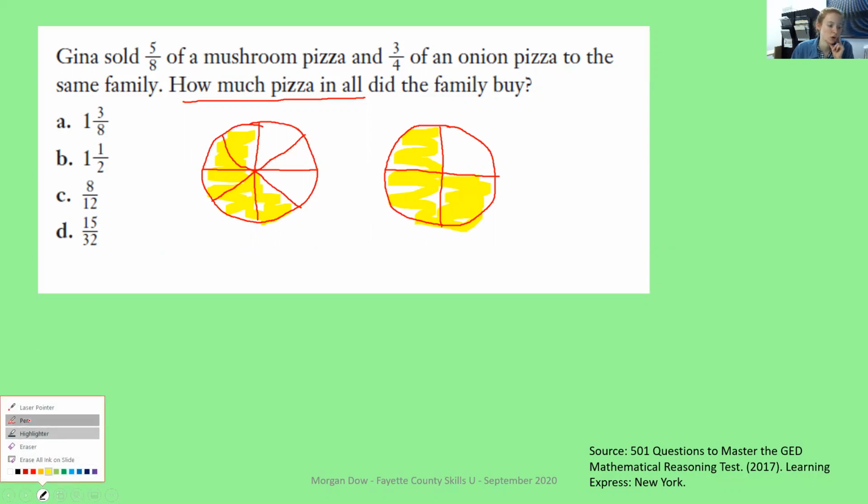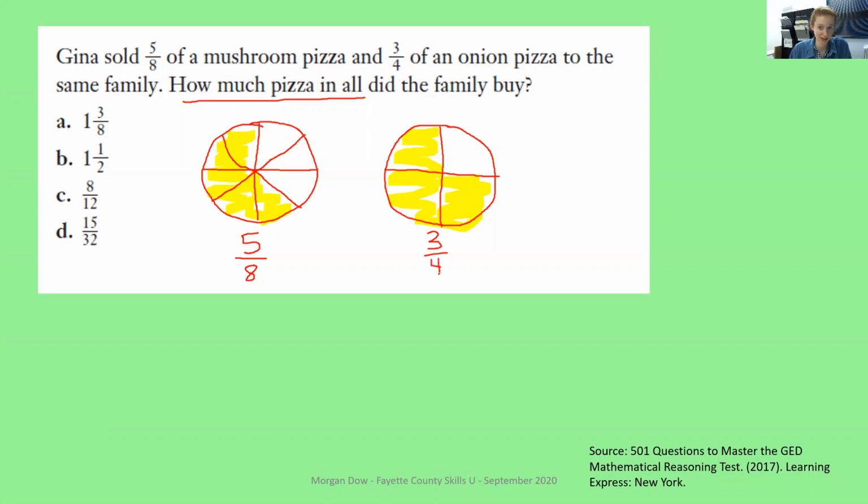Well, in order to total up the amount of pizza here, we're going to need to first re-slice our pizzas so that they have the same size slices, same number of slices per pizza. And that's what we're doing when we find the least common denominator of our fraction.